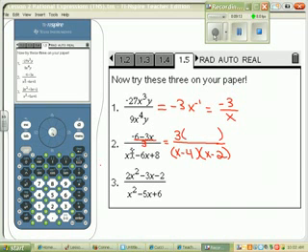Negative 6 divided by 3 is negative 2. Negative 3 divided by 3 is negative 1. So there's your piece. Is negative 2 minus x the same thing as x minus 2? No. Can you cancel it? No. Leave it the way it is. That's it.